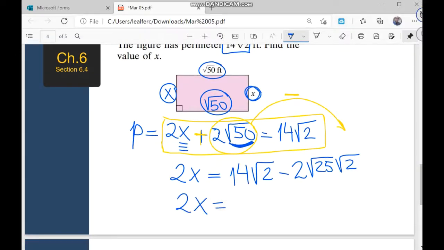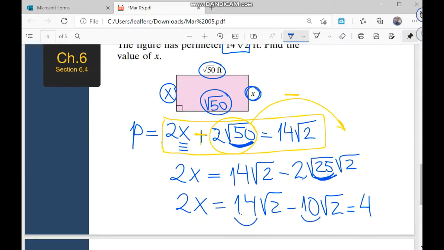2x equals 14 square root of 2 minus, square root of 25 is 5, 2 times 5, 10 square root of 2. 14 minus 10, 4 square root of 2. 2x equals 4 square root of 2.